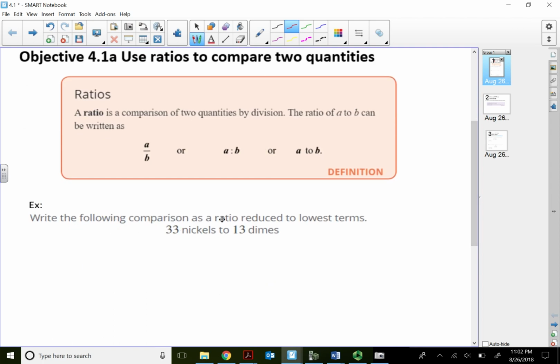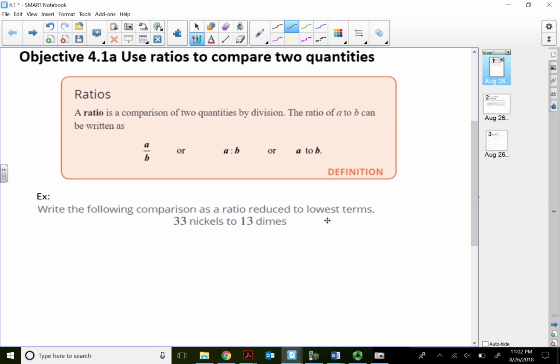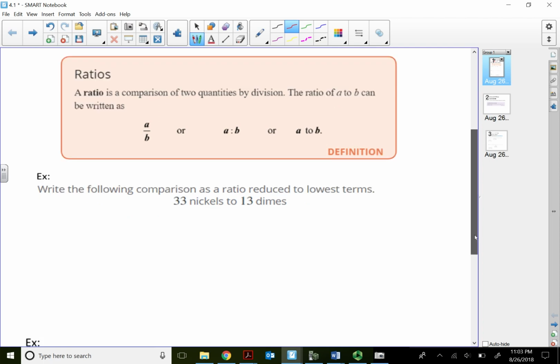Write the following comparison as a ratio reduced to the lowest term. Remember, a ratio is a comparison of two quantities with the same unit by division. Right now, 33 nickels compared to 13 dimes, these units are different. So we need to make sure they have the same unit before I write them out as a ratio.